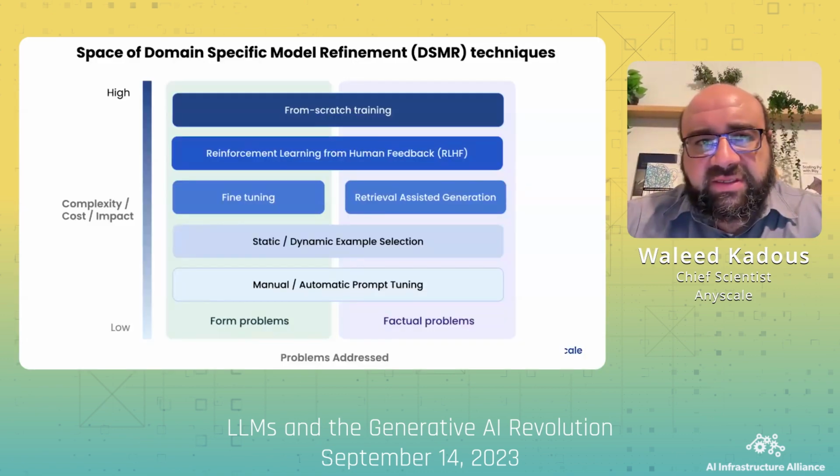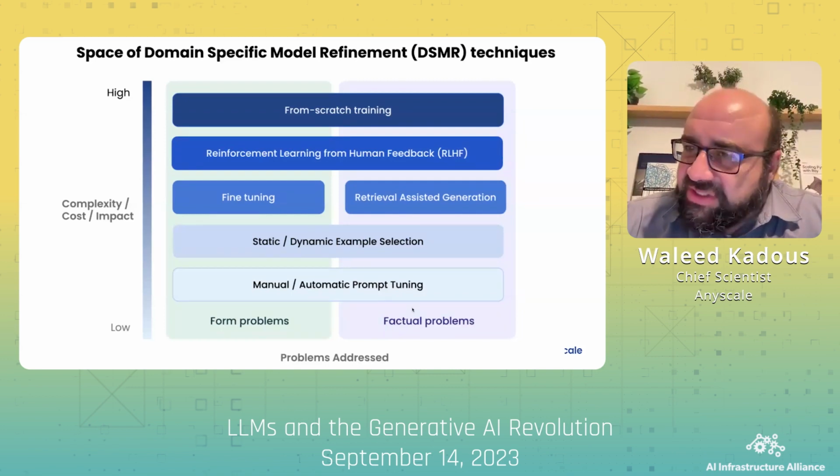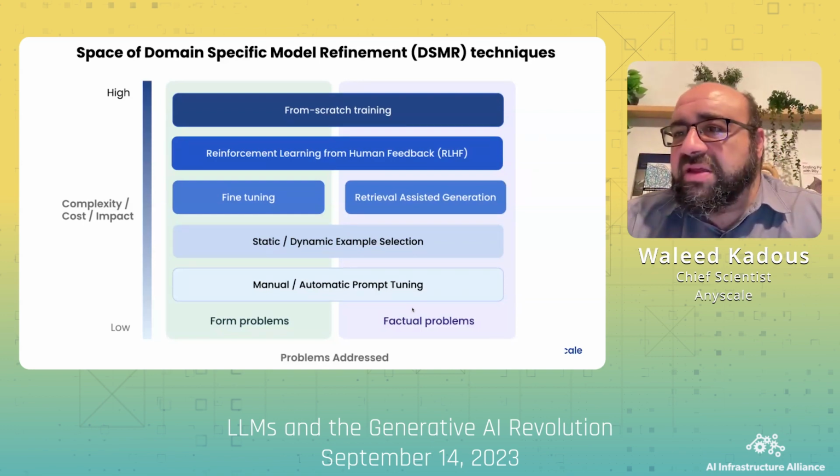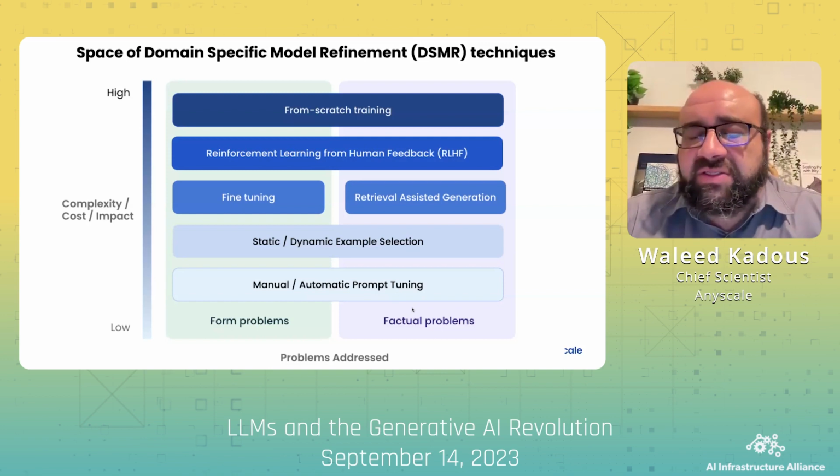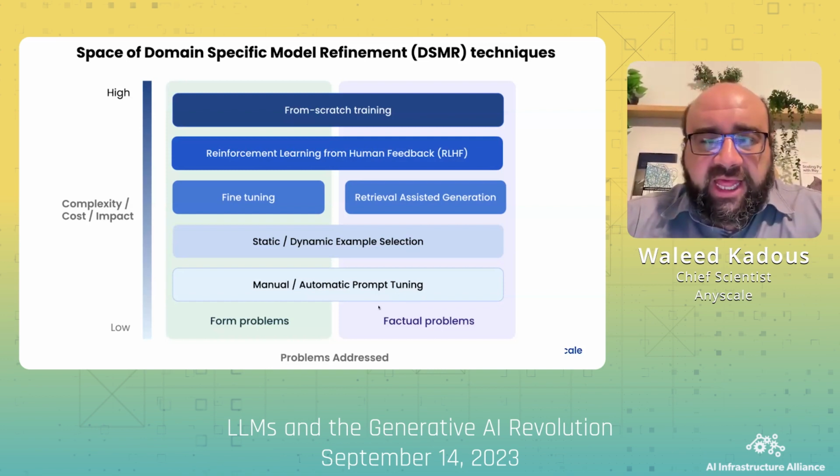The first thing to realize is that there's a suite of different approaches that you can use. The first thing to distinguish is: is it a problem with the form, the shape, the language that's being used? Or is it a problem with the information that the LLM is using and displaying? I would think of it in terms of a stack going from the lowest to the highest.